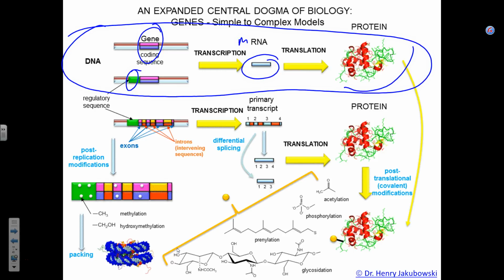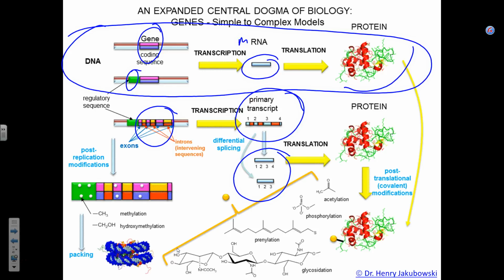With eukaryotes, it's a little bit different. First of all, genes have multiple exons and introns. So after the transcription, the primary RNA has to be processed, spliced.